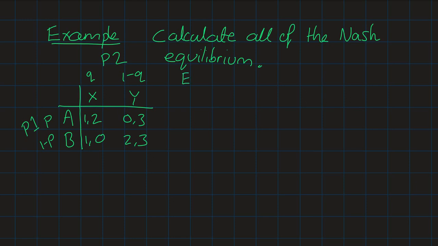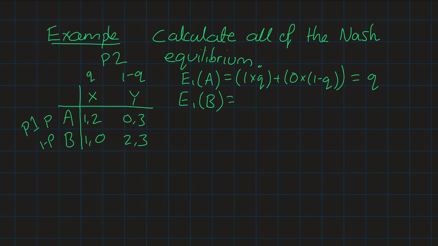Now I'm going to work out the expected payoffs. So E1 of A. If player 1 plays A, they expect to win 1 Q often and 0 1 minus Q often. So that's 1 times Q plus 0 times 1 minus Q, which is simply Q. The expected payoff for player 1 if they choose to play B: they're going to win 1 Q of the time and 2 1 minus Q of the time.